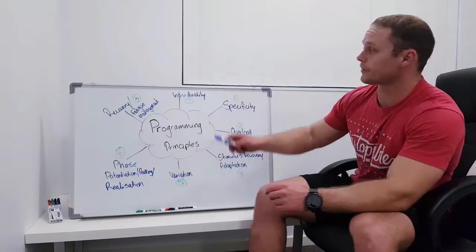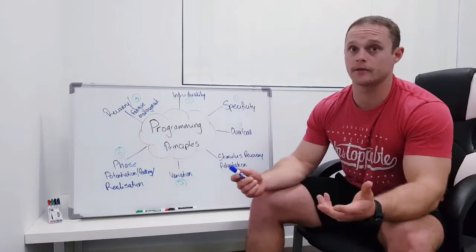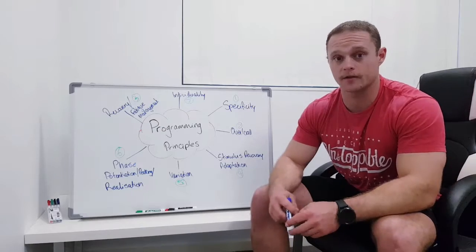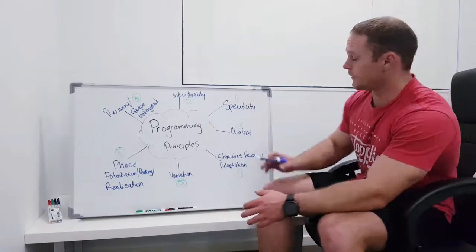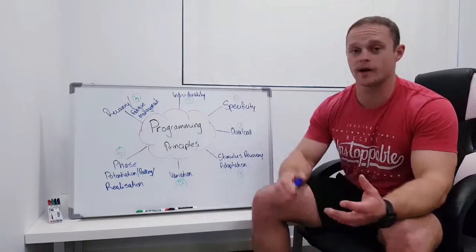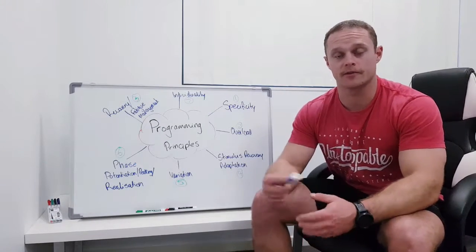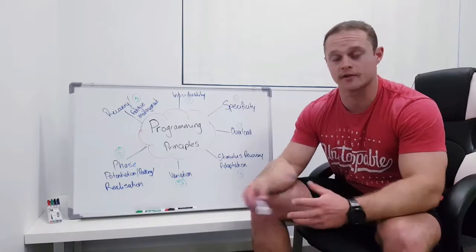These programming principles, if you've read Juggernaut Strength Training, Juggernaut Training Systems, Scientific Principles of Strength Training, have come straight from there. However, they're not just from that book and from the Juggernaut system and from Chad Wesley Smith and Max Aita and Mike Israetel.